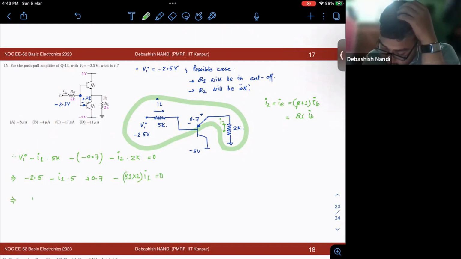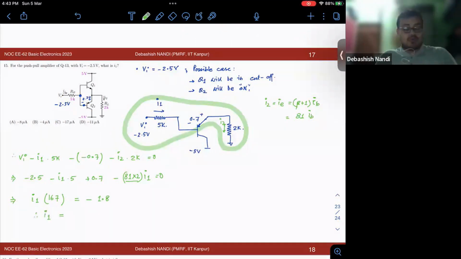Then your I1 would be, this is 162, 167 I1 is equal to minus 1.8. So your I1 would be equal to 1.8 divided by 167, which is 1.077 into 10 raised to minus 2 milliampere.